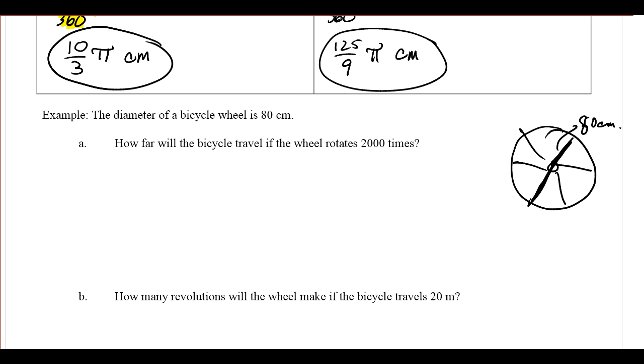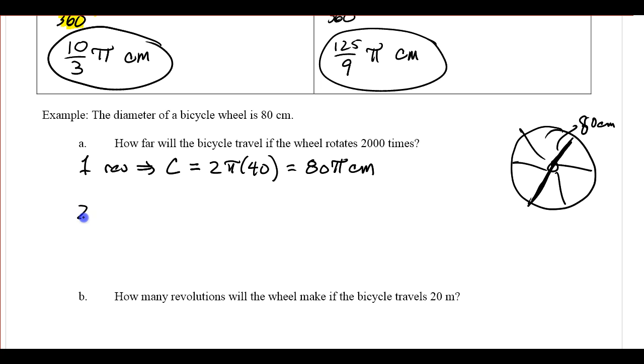So if the wheel rotates one time, so one revolution, that's going to be the circumference. So that's going to be 2 times pi times 40, because we're going to use the radius, so that would be 80 pi centimeters. So every time it goes around, it's going to go 80 pi centimeters.